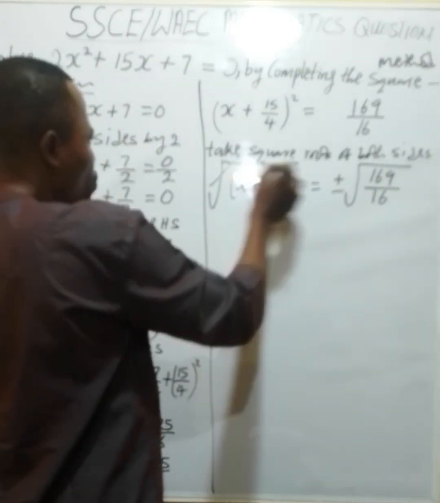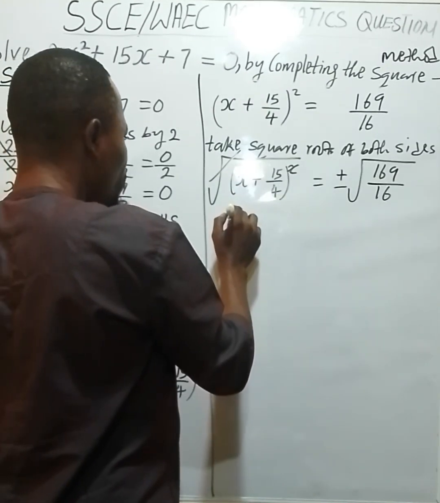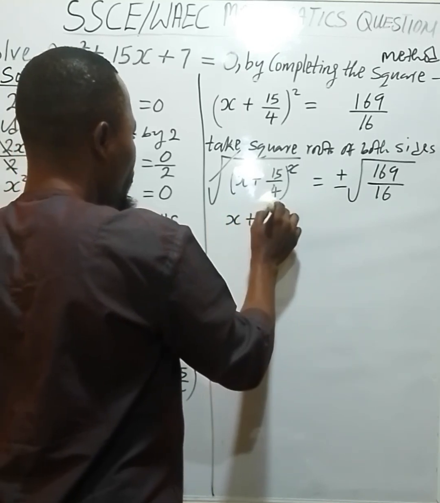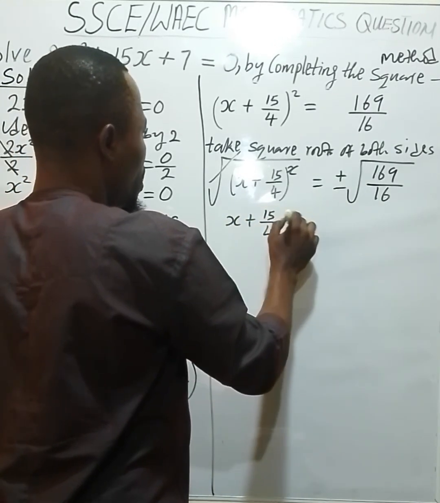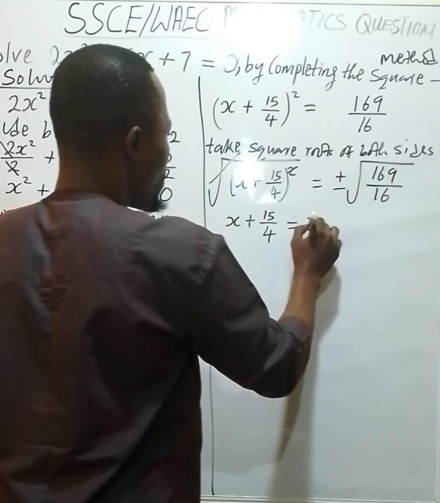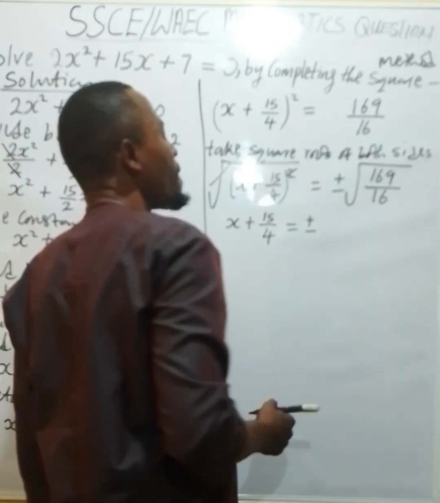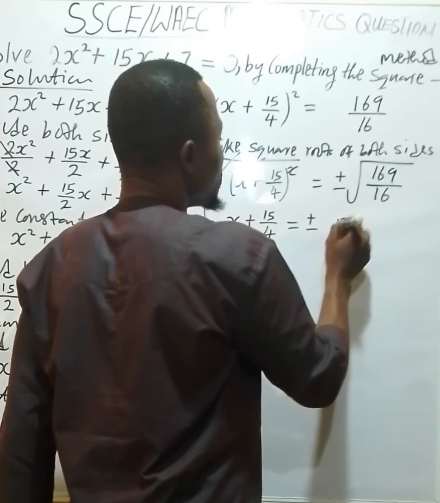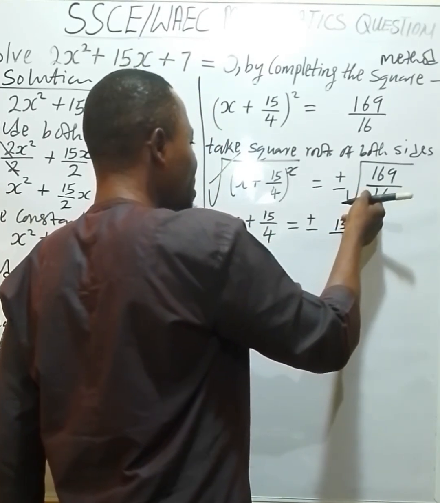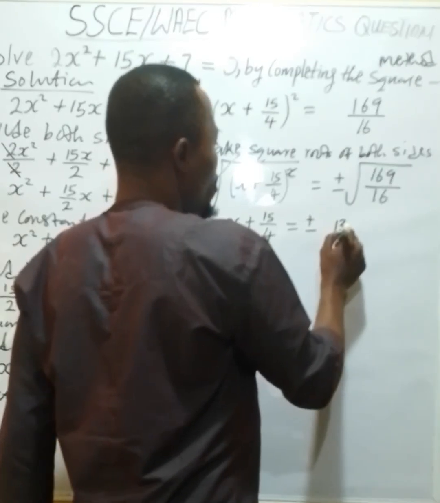So now the square root cancels the square. We are left with x plus 15 over 4 equals plus or minus. Now the square root of 169 equals 13, and the square root of 16 equals what? 4.